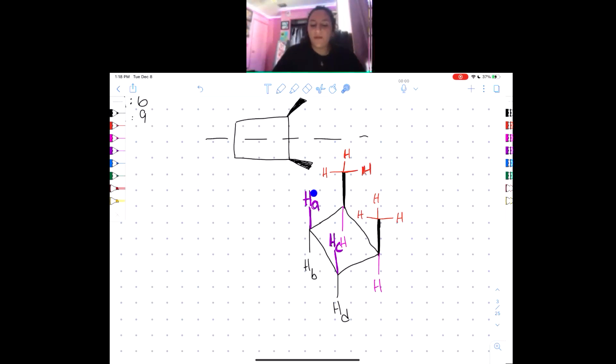So the purple group is pointing up and it faces the two methyls, versus the two pointing down are facing two hydrogens. And someone else said it in a great way as well. They're on the same plane, so they are seeing the same environment. Exactly. And again, the reason this is true is because we have symmetry and because both of the methyls are cis, they're both pointing up.